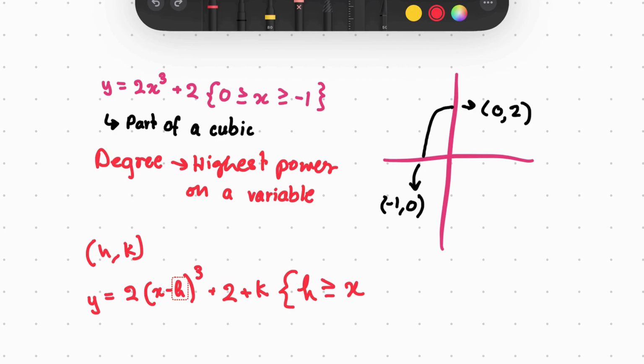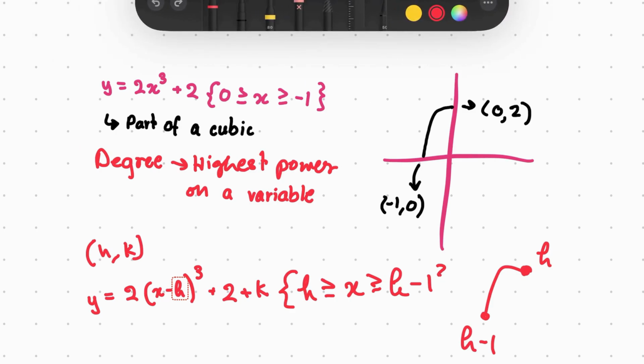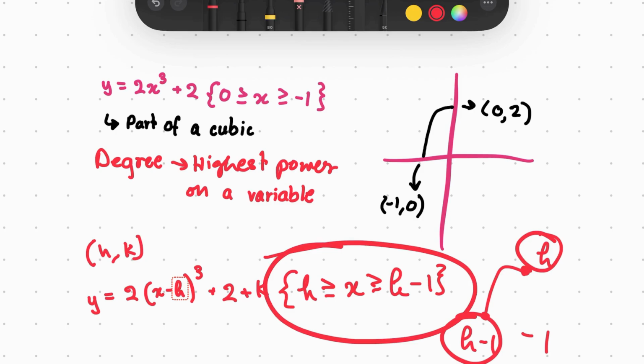Imagine this graph: over here our x value is h, and over here our x value is h minus 1. This is why we have h minus 1, because the difference between this point and this point is going to be -1, and that is what we need to keep constant, and that is why our domain looks like that.